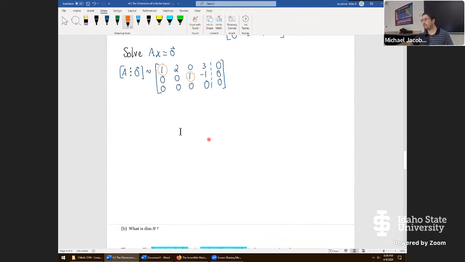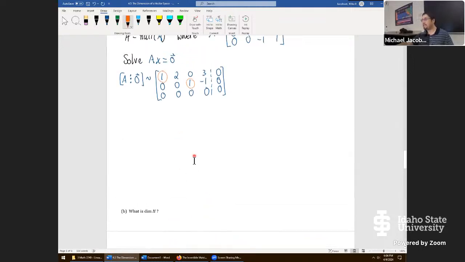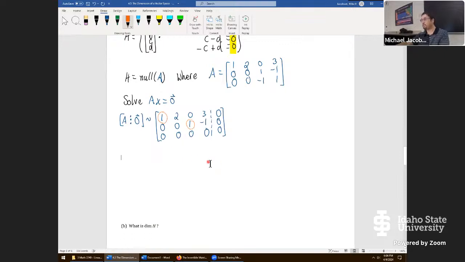The connection we have to make once we go down to part B, the dimension of H, is that if H is a null space, we're more interested in the number of free variables. I'll just say free here for short. That's where the free variables would be.